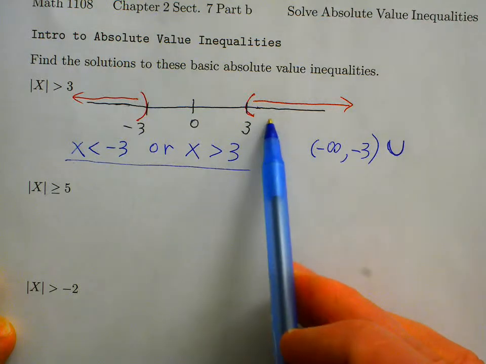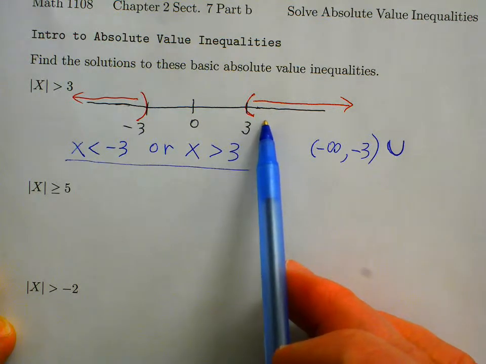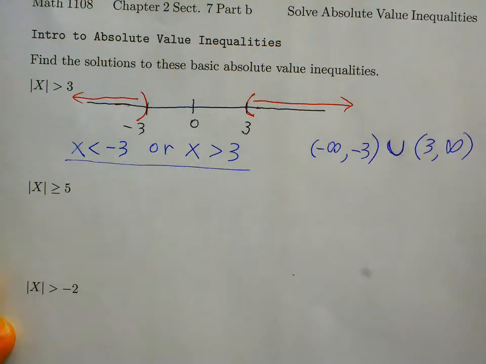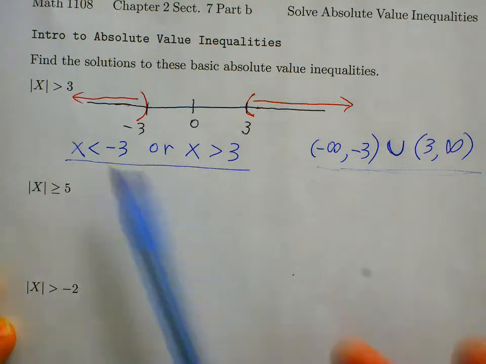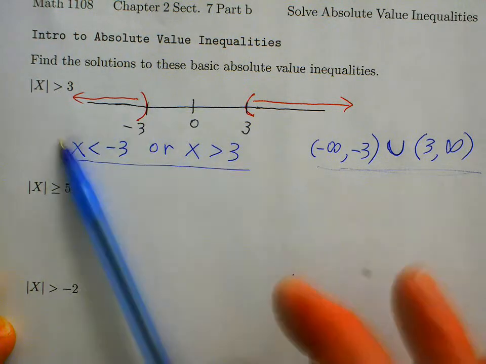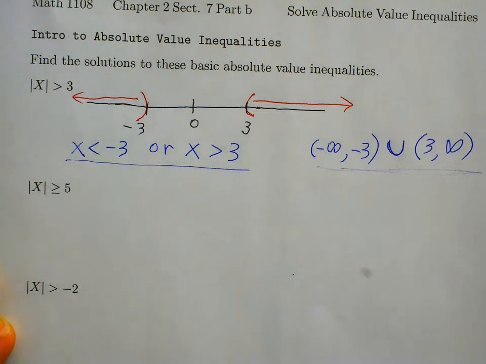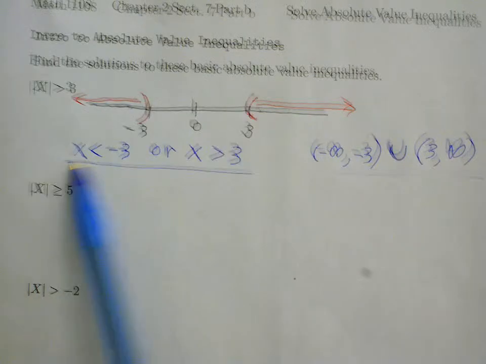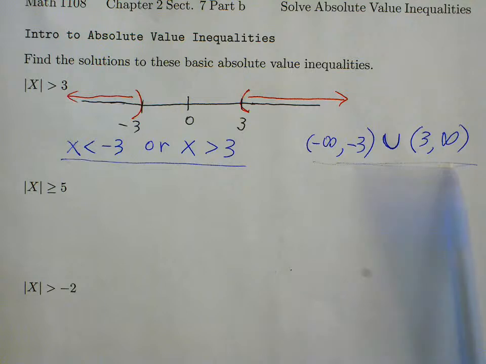And then this part of the number line, the numbers to the right of 3 are parenthesis 3, infinity. Okay, so it's important to understand that each of those two notations represent the same set of numbers. They're just two different notations. Algebraic notation on the left, interval notation on the right.